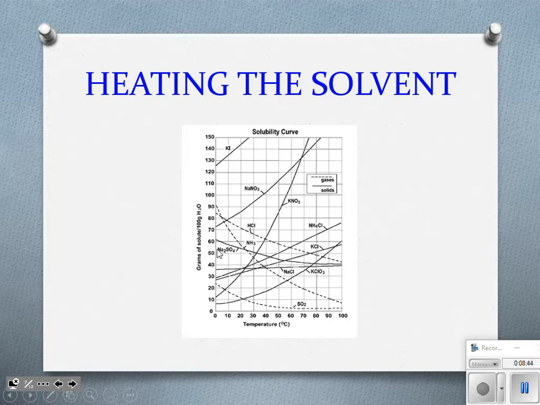Now, if you look at the gases, the dotted lines, those are decreasing, correct? So if I have a gas, the more temperature, the less I can dissolve. But if I have a solid, usually the greater amount of temperature, I can dissolve more of the solute in that.